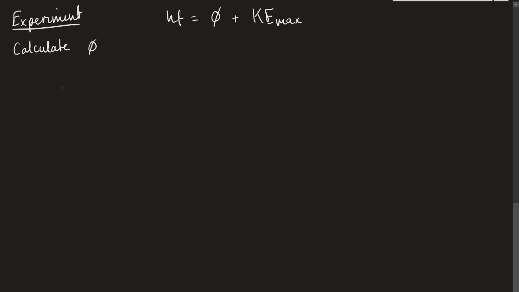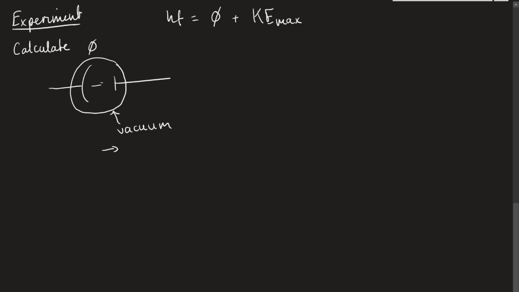What we're going to do is first have what we call a vacuum photocell. A vacuum photocell will look something like this, and it's a vacuum because this is our cathode that's going to release electrons, and this is our anode.